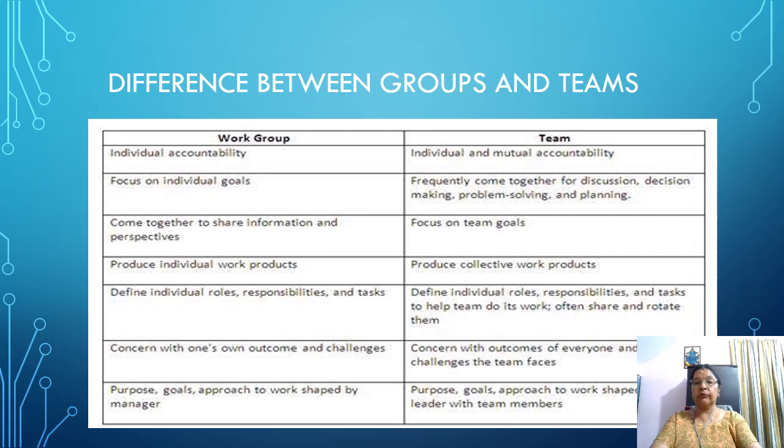Whereas in the case of a team, the team leader decides the purpose of the team, the goals they have to achieve, and the approach they should take to achieve those goals.